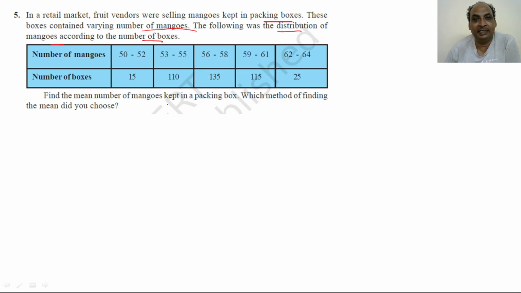In that case, we need to make them the same, otherwise it will be a problem and we will not be able to find out correctly. That is the main task we need to perform.